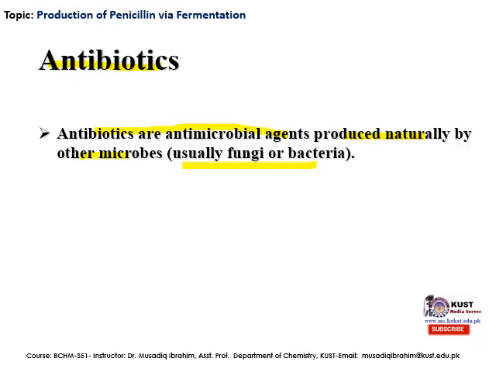So if the process of fermentation is manipulated in such a manner that the microorganisms produce more of the secondary metabolites, then as a result of purifying them, isolating them, extracting them, the antibiotics in pure form can be obtained, and then they can be used for treating different diseases.